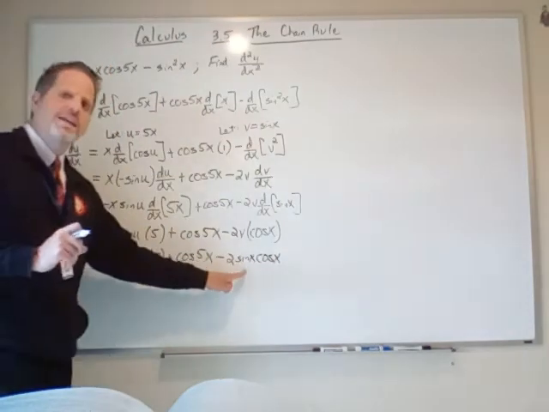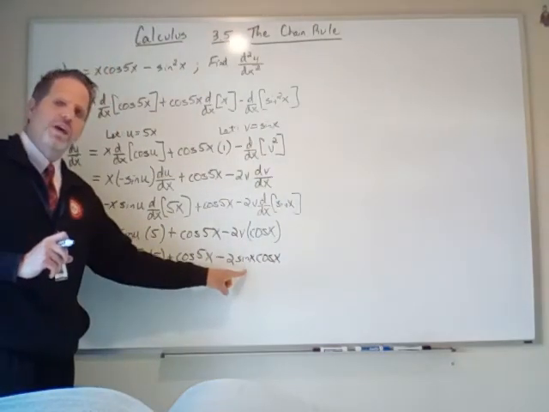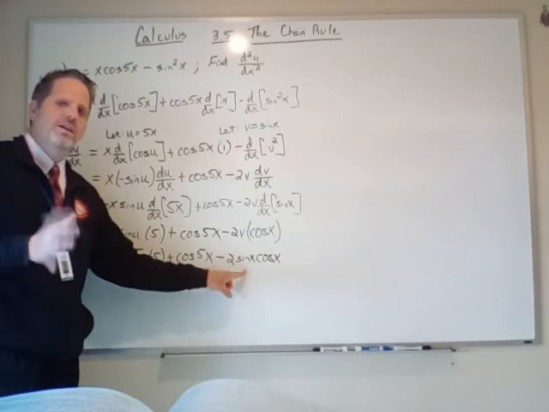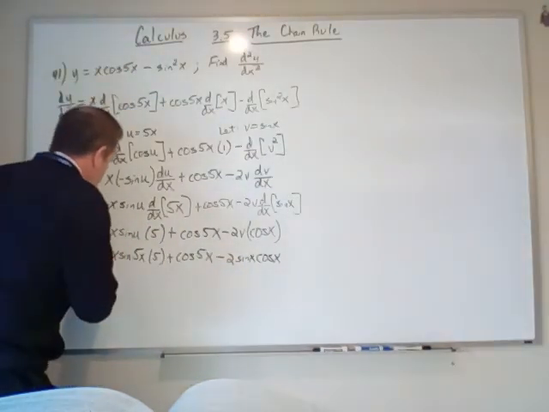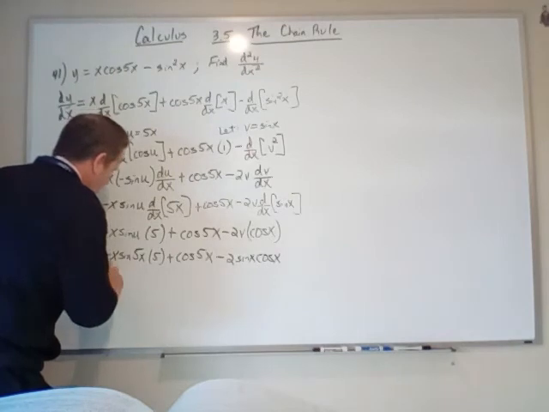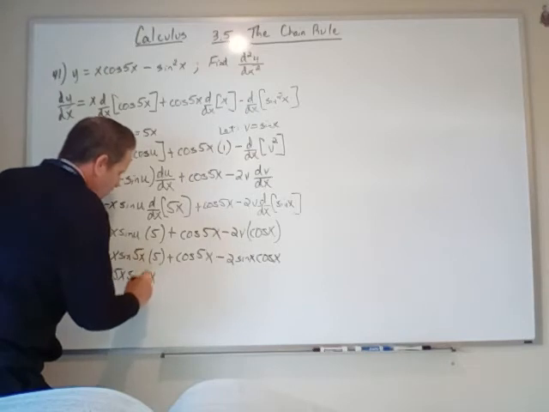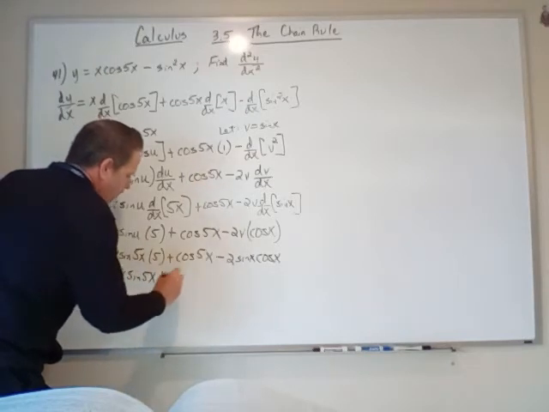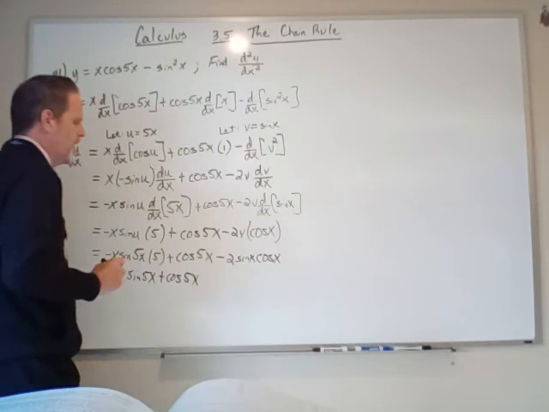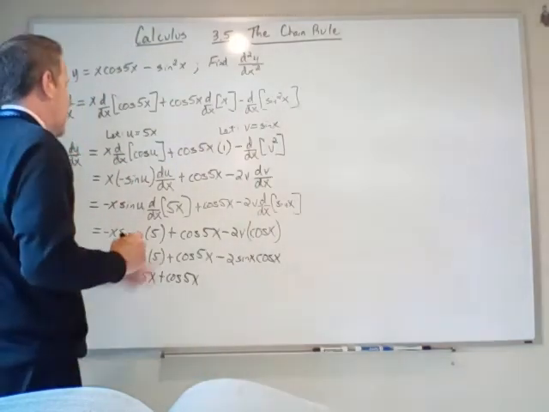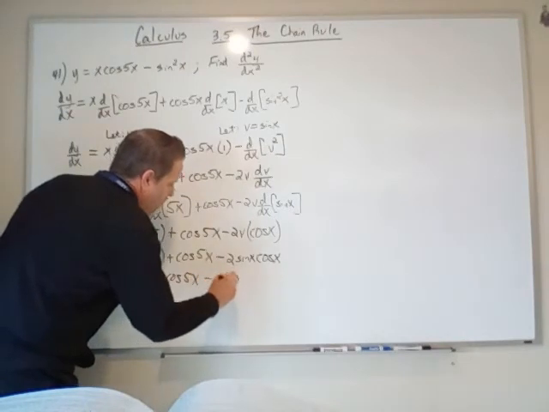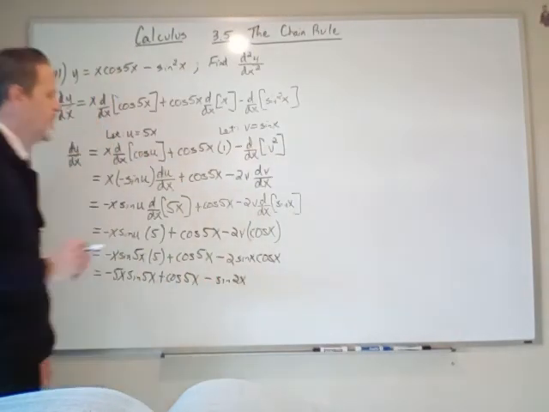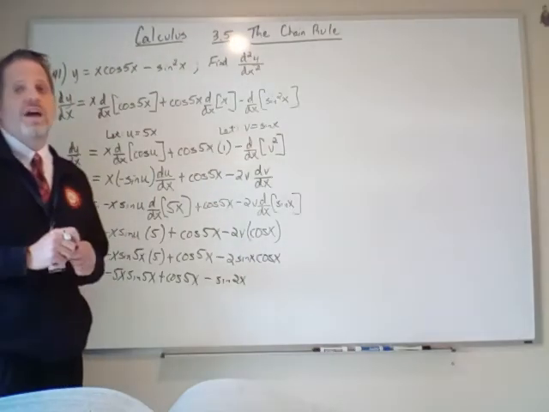I believe that's a trig identity, 2 sine x cosine x, which is sine 2x. We'll change that here in a minute. So clean it up one more step. I've got negative 5x sine 5x plus cosine 5x, and then minus the sine of 2x, because again, 2 sine x cosine x is the sine of 2x.